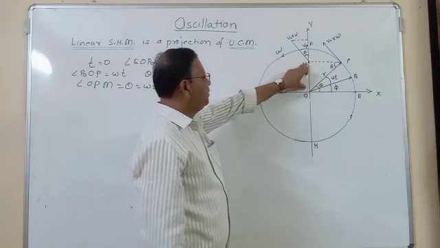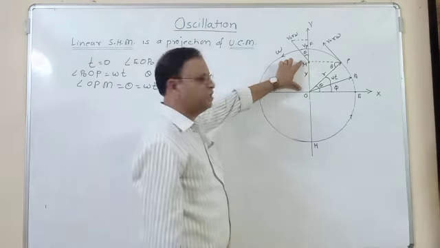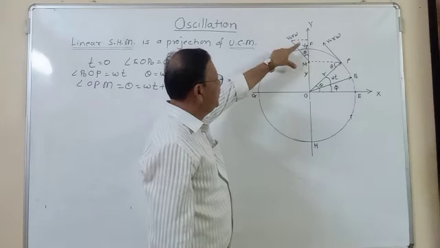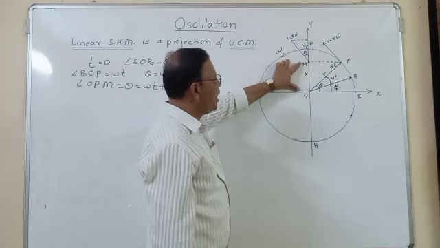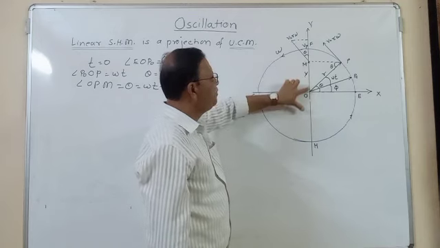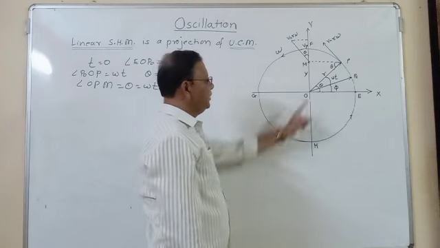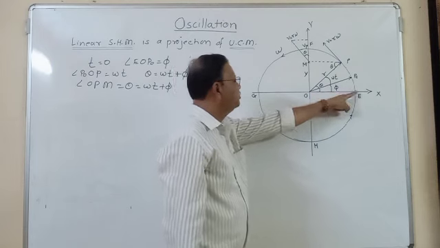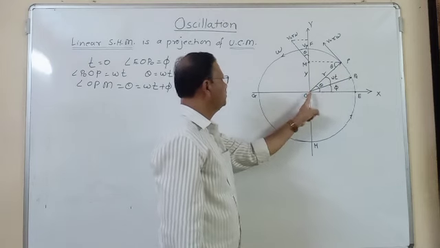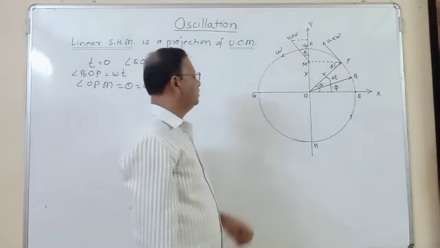And therefore this is the displacement of the projection, which is measured along the vertical axis, that is the y axis, along the diameter FH. So y is the displacement of the projection of that particle, because when the particle is at E, its projection is at O. When the particle moves from E to P, its projection moves from O to M. This is the displacement of the projection of a particle.